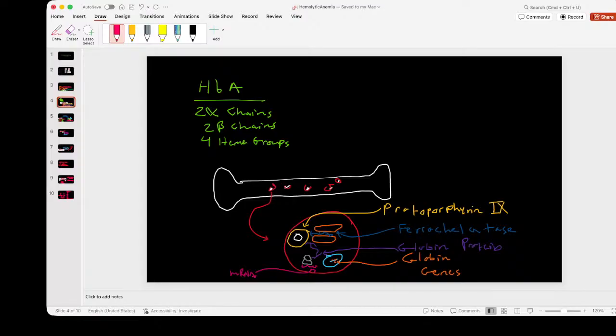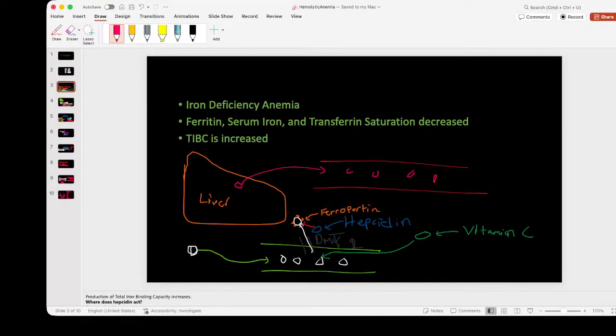However, there is one other thing in the previous diagram. You can see here hepcidin, which is an enzyme that's also made by the body to regulate the amount of iron that the body can allow to be absorbed.